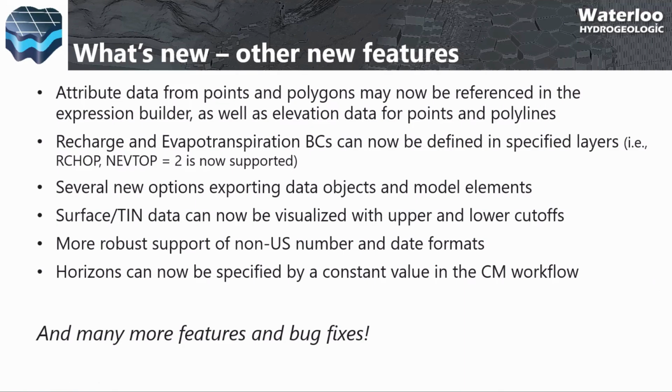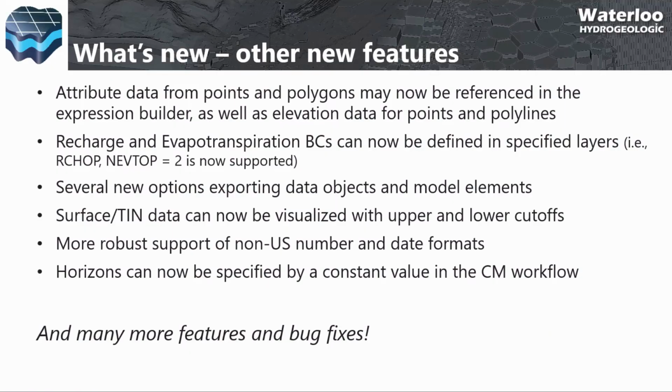Here's a few more features that we've added. Attribute data from points and polygons can now be used in the expression builder, as well as elevation data from points and polylines. Recharge and evapotranspiration boundary conditions can now be defined for specific layers. That is to say, we now support a value of 2 for the RCHOP and NEVTOP variables. There are several new options, too many to list here, for exporting data objects and boundary conditions from Flex. Surface and TIN data can now be visualized with upper and lower transparent cutoffs.